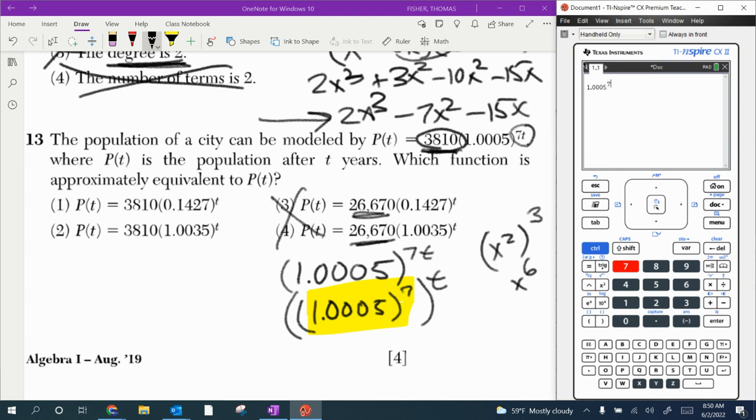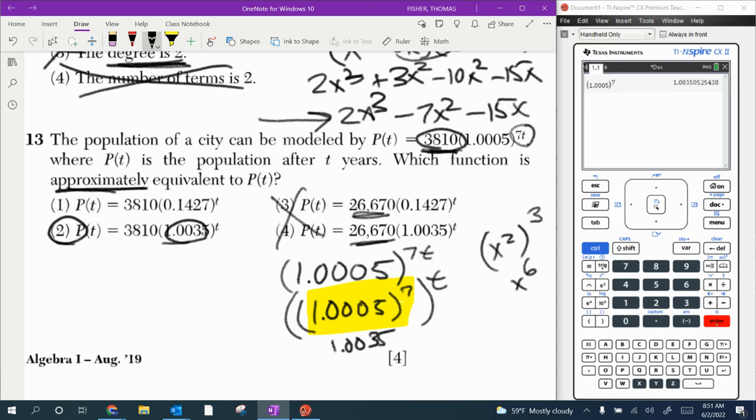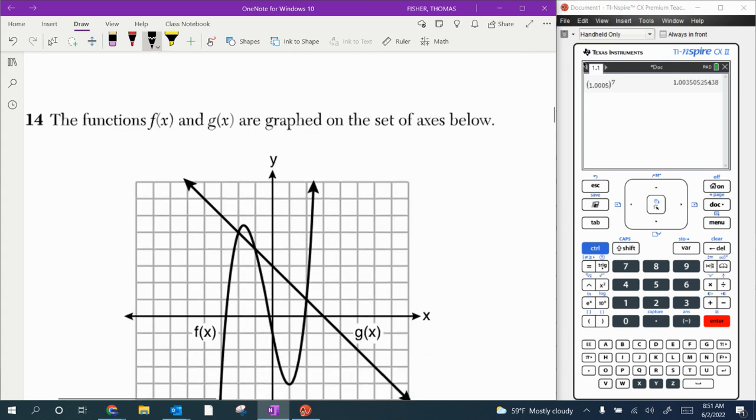It's multiplied by a number bigger than 1 7 times. How would it get smaller? Doesn't make any sense, which is why it's not. It's 1.0035-ish, which is why it's that choice right here, which is why it's choice 2. Again, it says approximately equivalent, so that's why they rounded it.